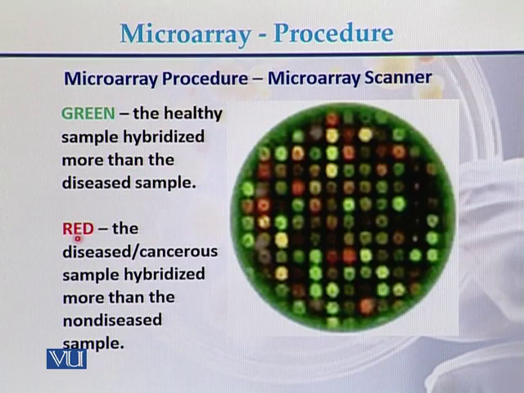While in the case of red spots, the diseased or cancerous sample hybridized more than the non-diseased sample. Here we can see the diseased sample in the form of red fluorescence.